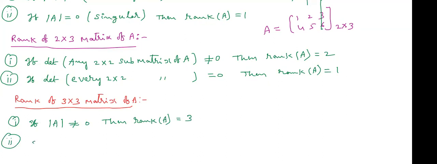If det A value is 0, that means it is a singular matrix.